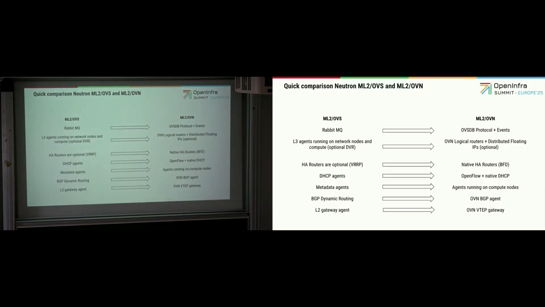So let's start with architecture and mapping. You probably know that the OVN ML2 plugin for Neutron is a next generation network system for OpenStack.